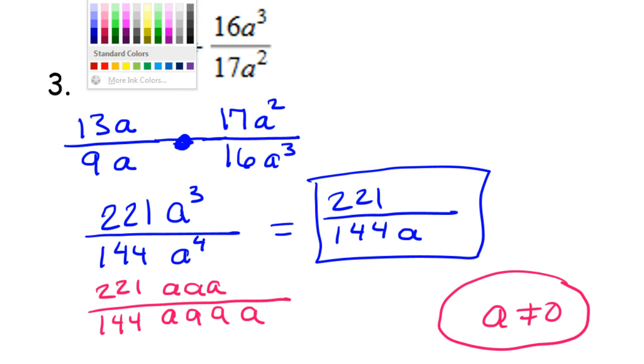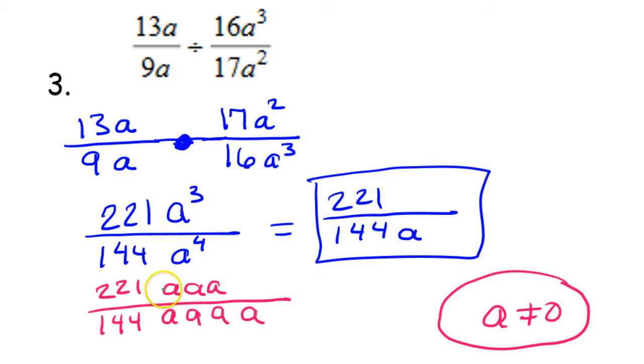So you can probably see where I'm going with this. These 3 a's in the numerator will cancel out these 3 a's in the denominator. So that's why we had 221 over 144 with one extra a in the denominator. So you don't have to always write this out the way I did in pink, but you should picture it in your mind this way.